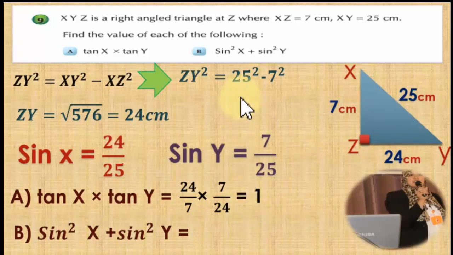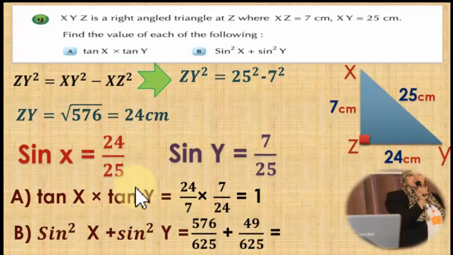The second question is sine power 2 x plus sine power 2 y. Sine x equals 24 over 25. So 24 over 25 power 2 plus 7 over 25 power 2. 24 power 2 equals 576. 25 power 2 equals 625.